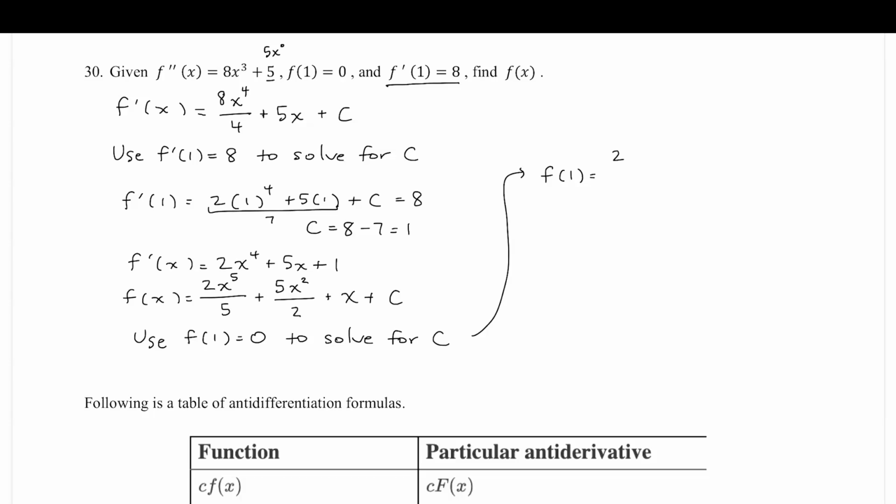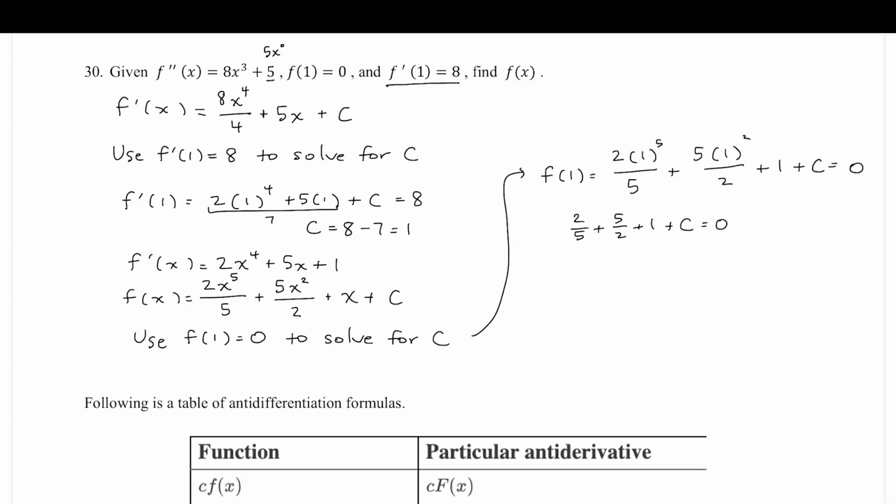So in this case, f of 1 is 2 times 1 to the 5th over 5, plus 5 times 1 squared over 2, plus 1 plus c, and that's supposed to equal 0. So I have 2/5 plus 5/2 plus 1 plus c equals 0.